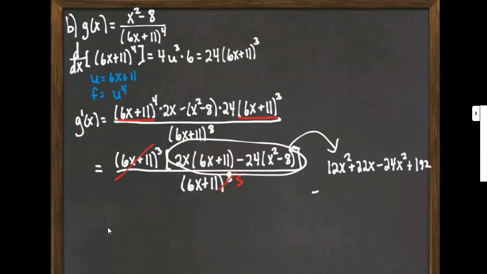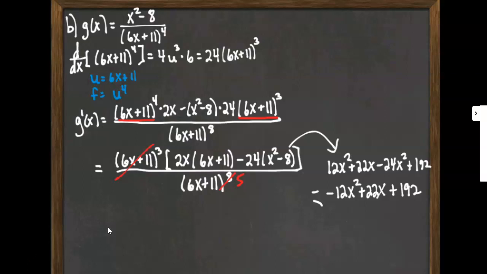So rather than rewriting the whole problem, I'm just working that out. And then we do have a few like terms there with the 12x squared and the minus 24x squared. So we can go ahead and simplify those. And we get minus 12x squared plus 22x plus 192. Okay? So that's equal to that.